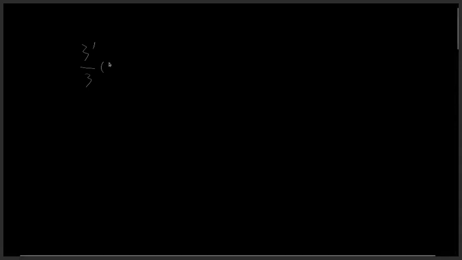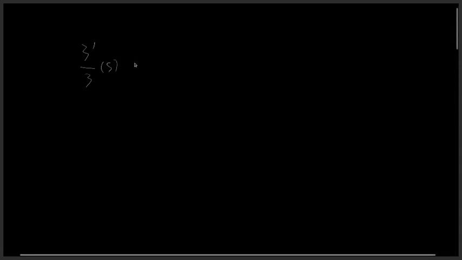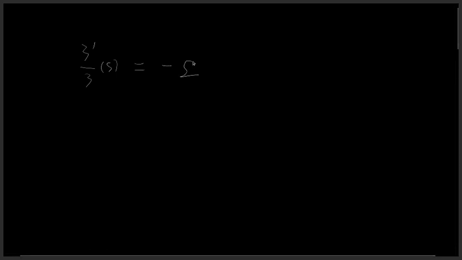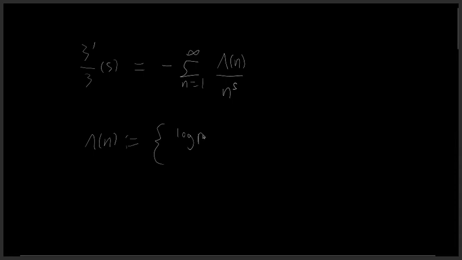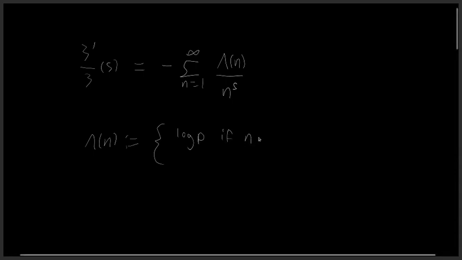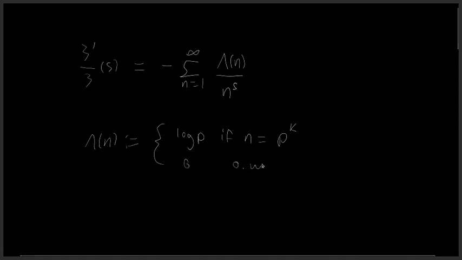As a recap, what we found is that as a series, zeta prime over zeta at s, the logarithmic derivative of the Riemann zeta function, was equal to minus the Dirichlet series, n from 1 to infinity of uppercase Lambda of n over n to the s, where Lambda denotes the von Mangoldt function, defined to be log p if n is a prime power, a power of p, and 0 otherwise.